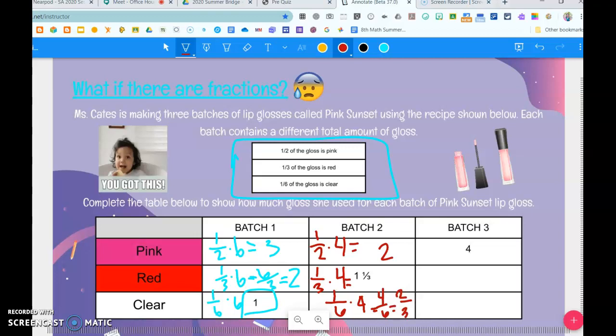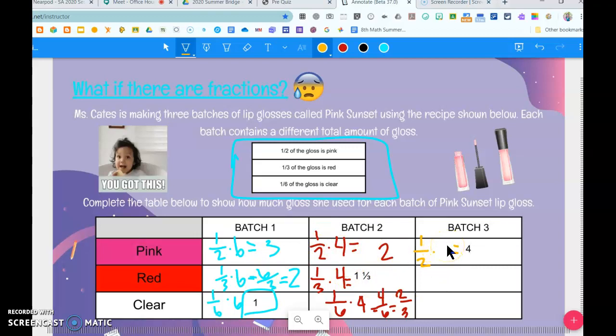Okay, last one. What did we multiply a half by to get 4? It's okay. 4 times a half gave me 2.